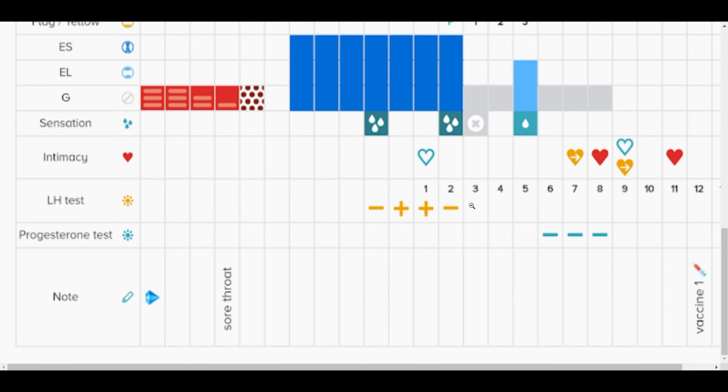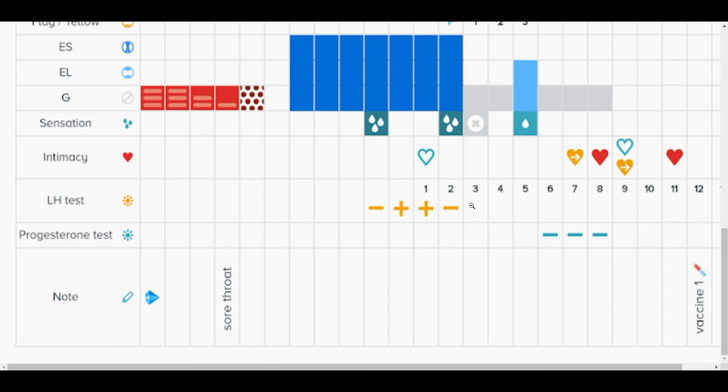So one big complaint that people have about LH testing is they get frustrated because they're testing and they're testing and they're testing and they're getting negative results, left and right, and they get frustrated, understandably. But with learning a full entire method, you realize that we don't just want to be testing for LH randomly.